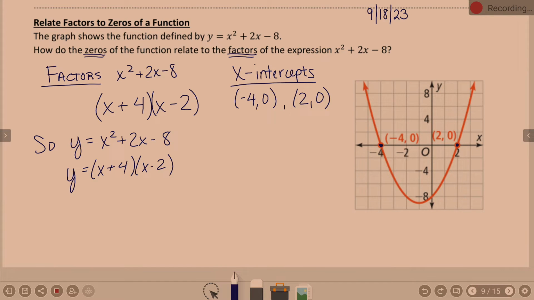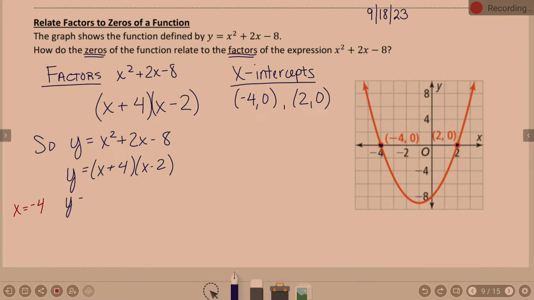Now, the idea here is that if we take our different x-intercepts, so for instance, if I use x equals -4 as the first one, and I put that into the equation, what happens?